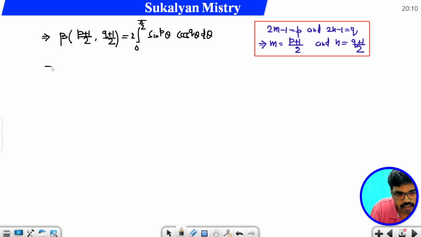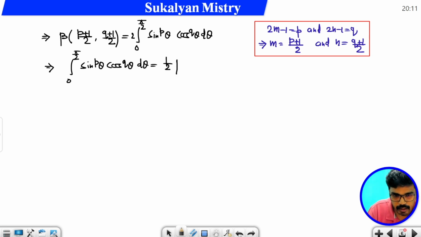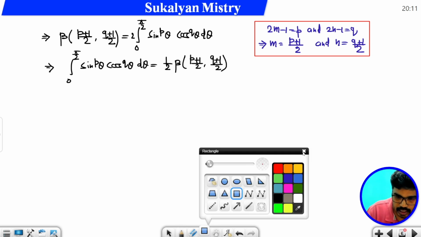So integration 0 to pi by 2 sin to the power p theta cos to the power q theta d theta is 1 by 2 beta p plus 1 by 2, q plus 1 by 2.